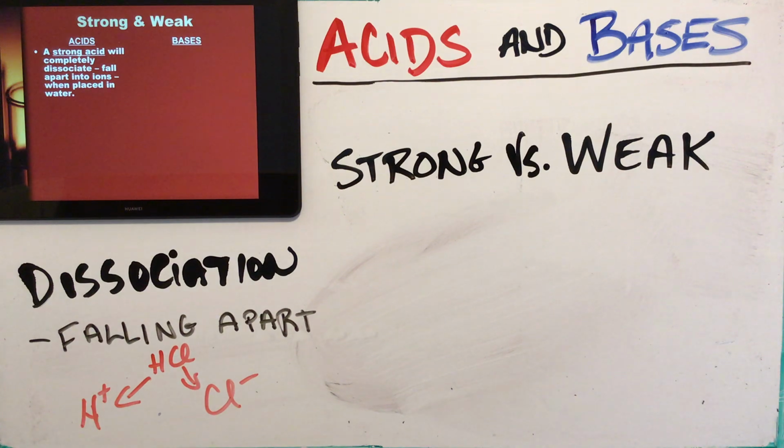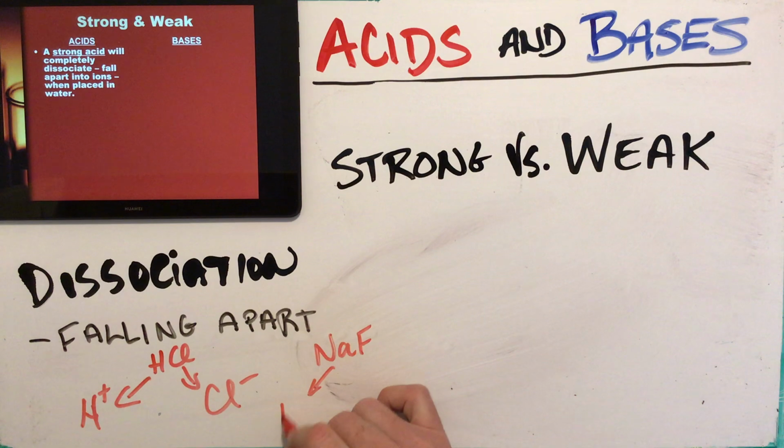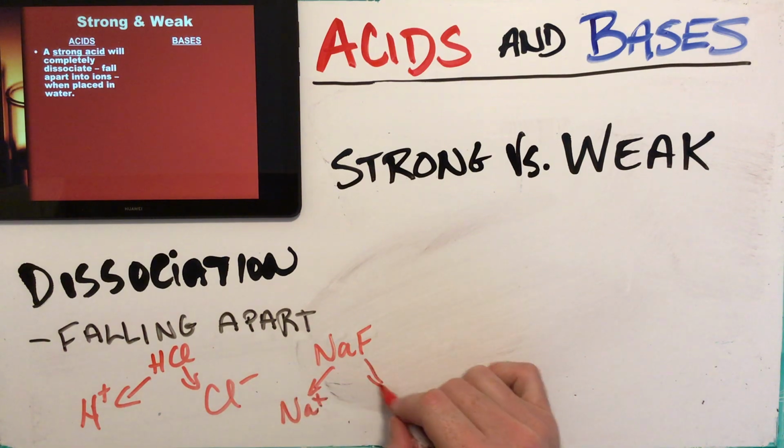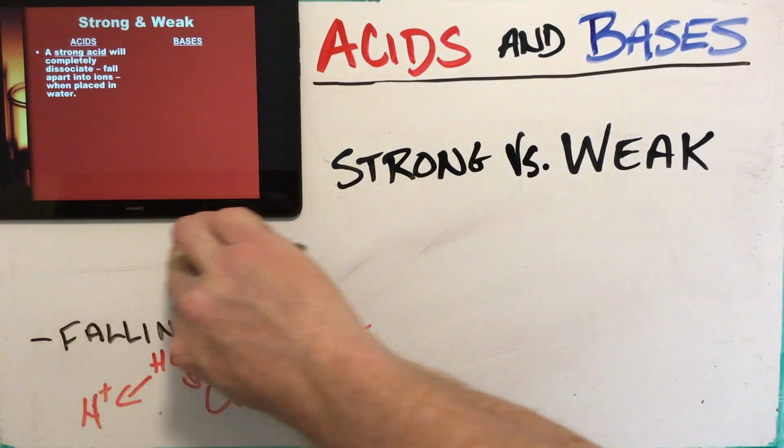If I put NaF in water, it will dissociate, which means it'll form Na plus and F minuses. So dissociation is basically the opposite of association. An association is a group of people together. If they dissociate, it means that they came apart.